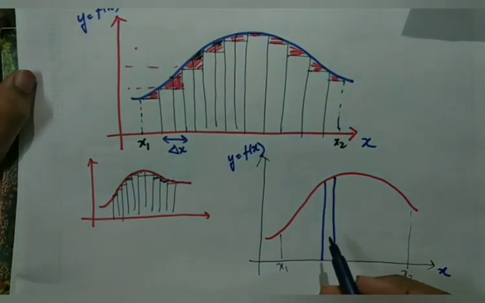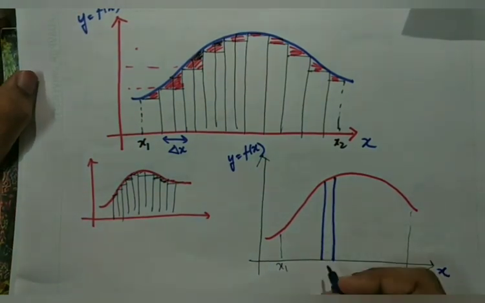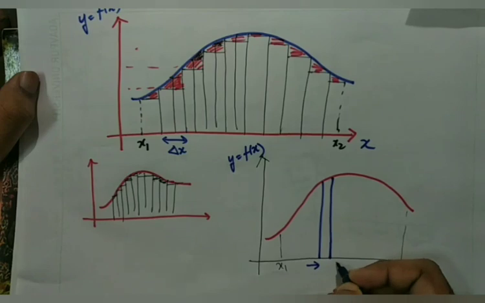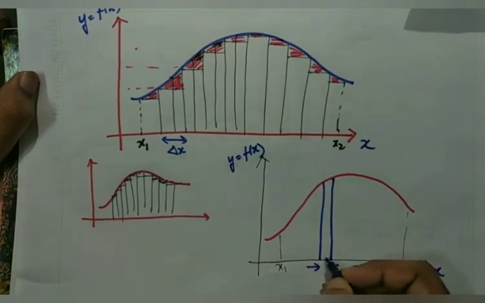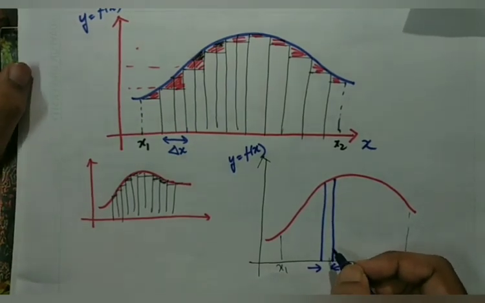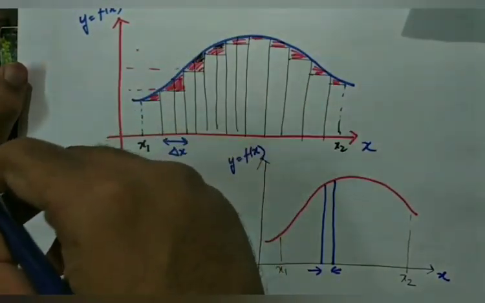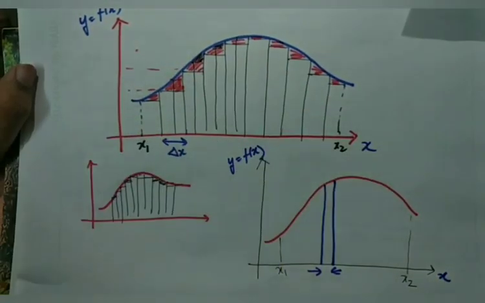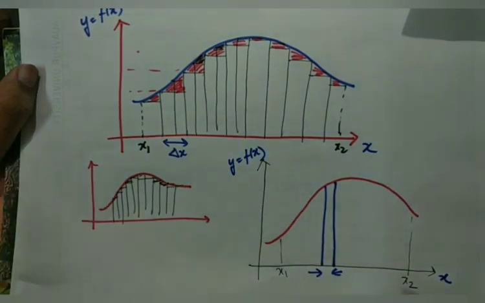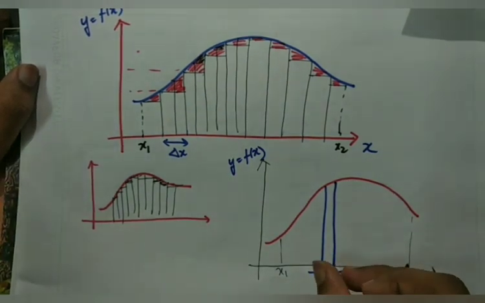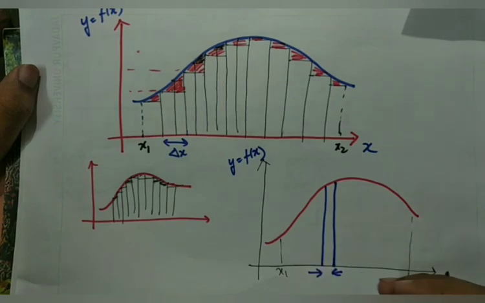Let's take such an interval that this length will be almost tending to 0, so that these left out portions will also tend to 0. Those portions will tend to 0 if we take this length very small, infinitesimally small.